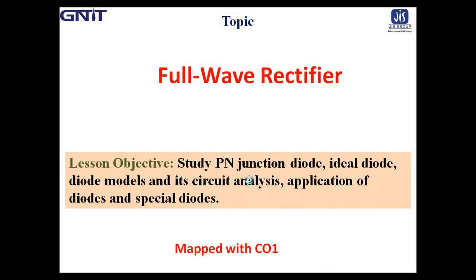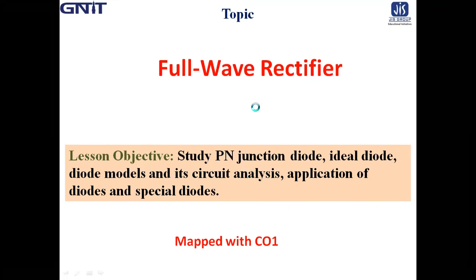We determined the average value or DC value of current and voltage, and the RMS values of current and voltages also. And correspondingly, we determined the ripple factor and rectification efficiency of the center tap full wave rectifier.